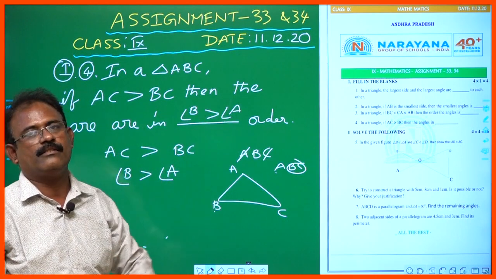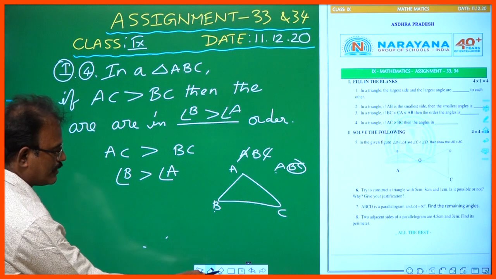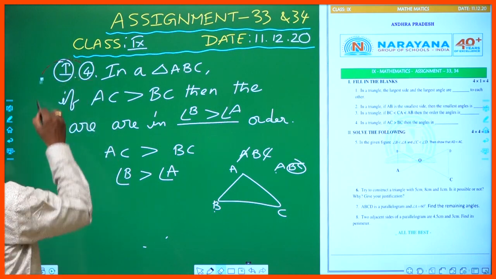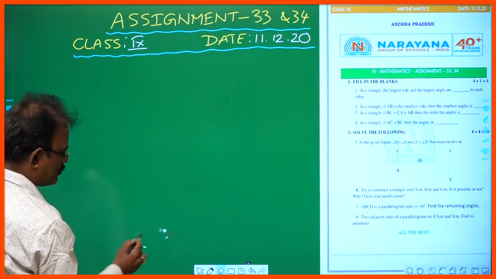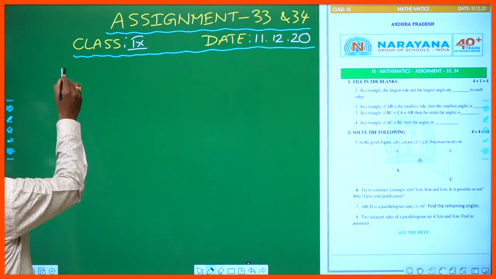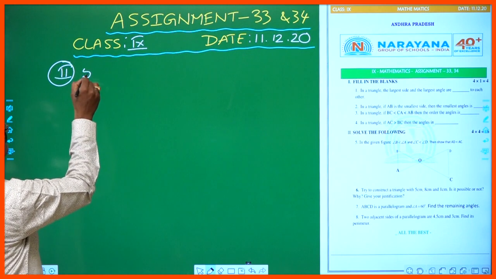Okay children? So our next question, Roman number 2, question number 5.